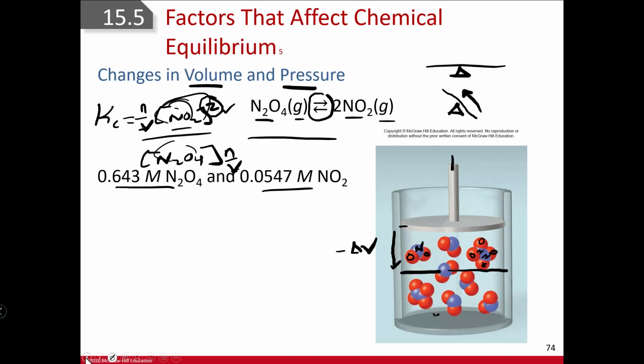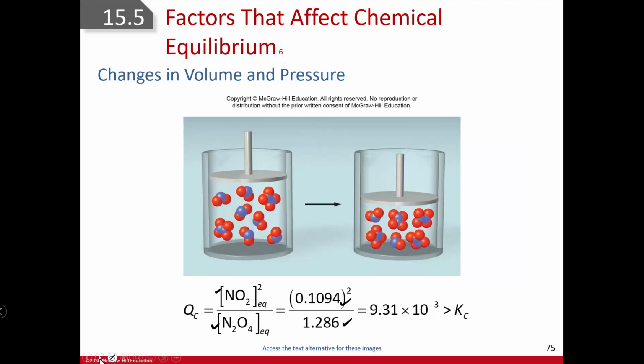Okay, this was 0.643 molar, and this was 0.0547 molar. And what's happened is we're decreasing the volume. So if we decrease the volume by half, it's going to double the concentration.